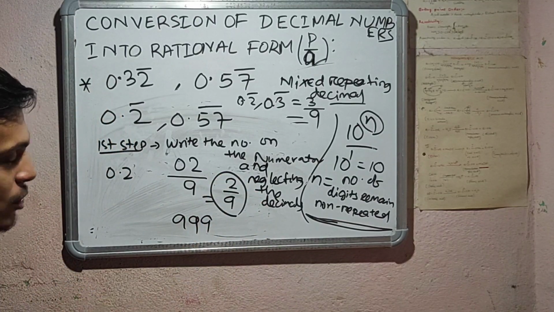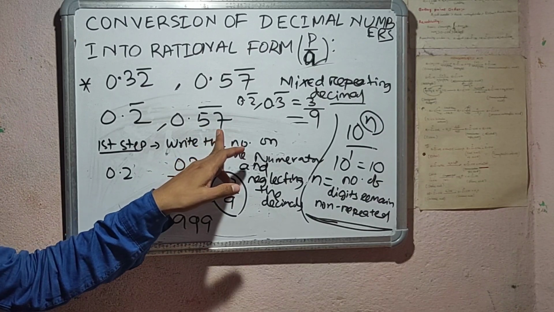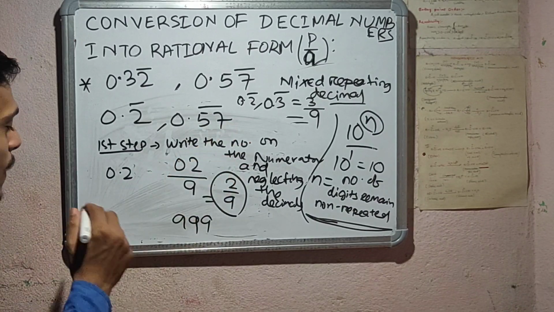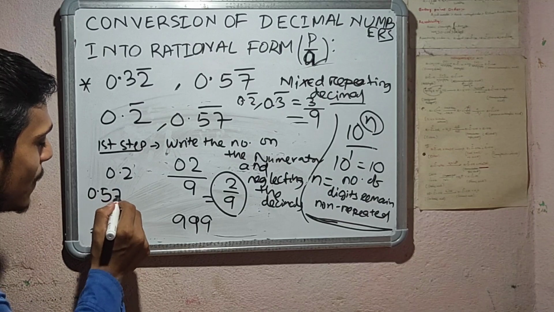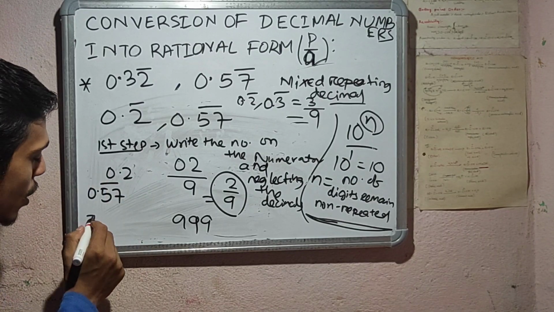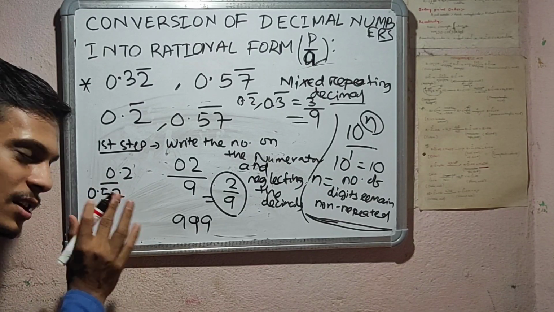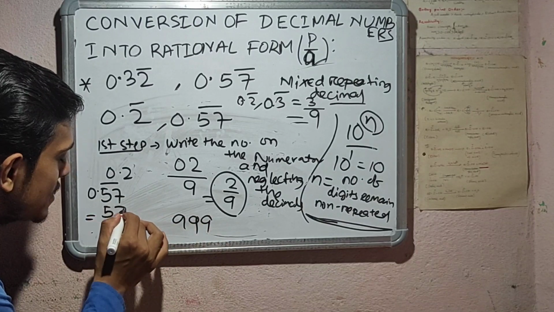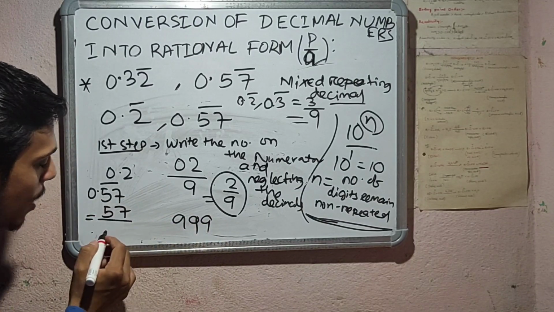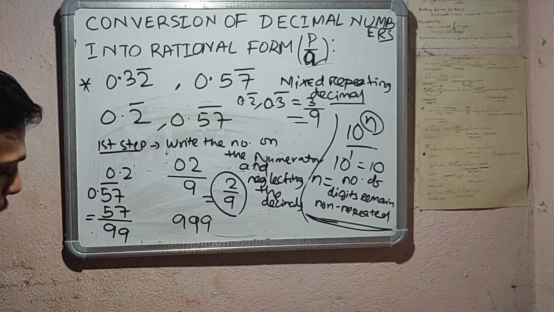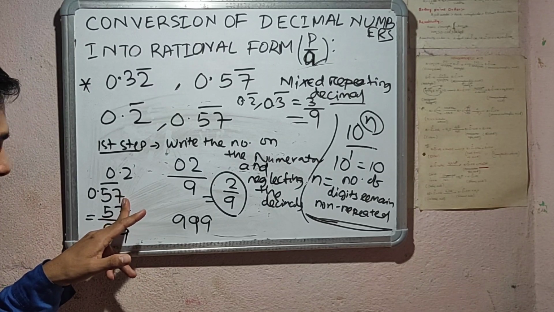Clear my point? In the same way, 0.57 bar has the bar on 5 and 7, so you write 57 upon 99, because the bar is on two digits.